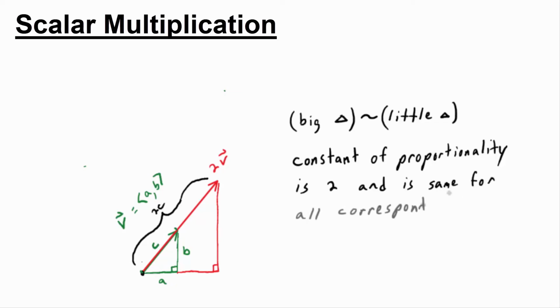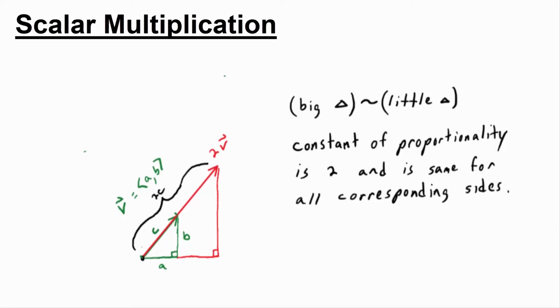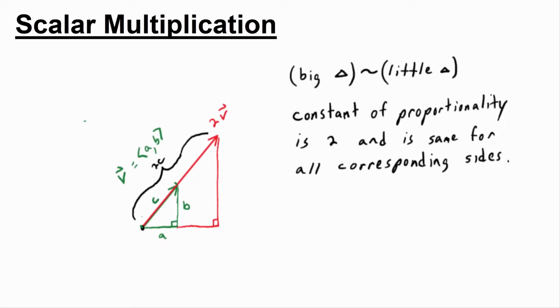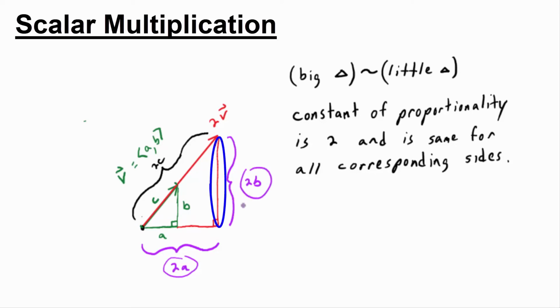Which simply means that the horizontal side of the big triangle has to be twice A, and the vertical side of the big triangle has to be twice B. But wait a minute, this is the horizontal component of the vector 2V, and this is the vertical component of the vector 2V.